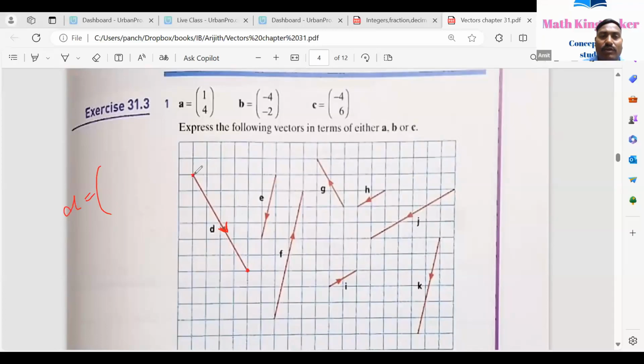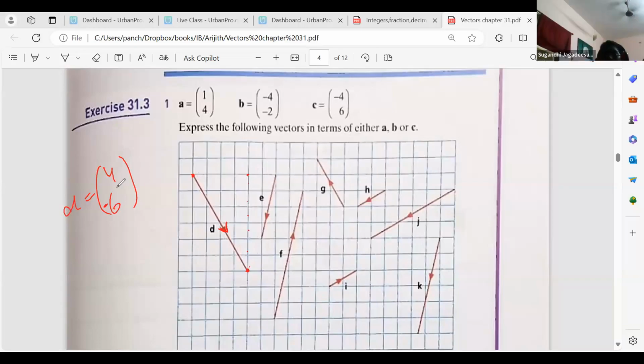If you're starting from here, how far is your x-axis going, and in which direction? The x-axis is going in the right direction. So it is +4. And y is going in the negative direction: 1, 2, 3, 4, 5, 6. So it is 4, minus 6.